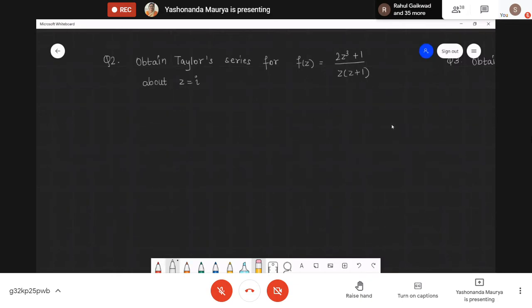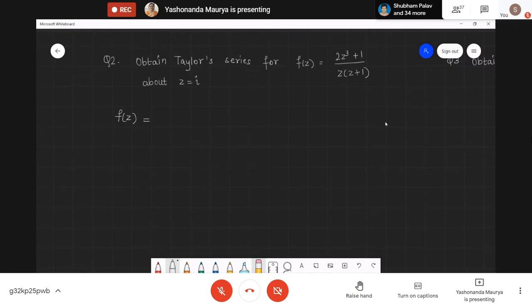This is for f of z is equal to 2z cube plus 1 divided by z into z plus 1. So how can we do this one? The first thing is simplifying the function f of z.